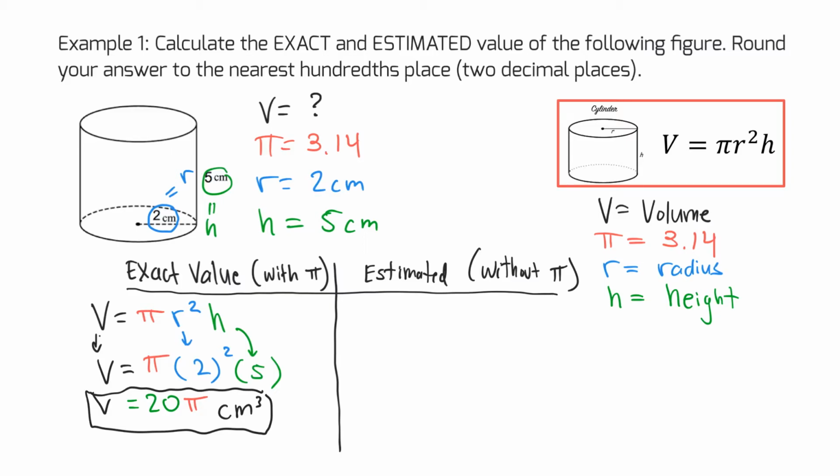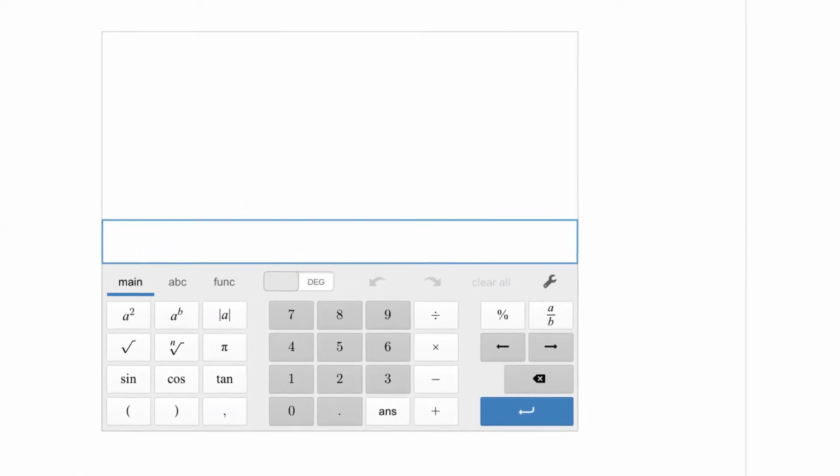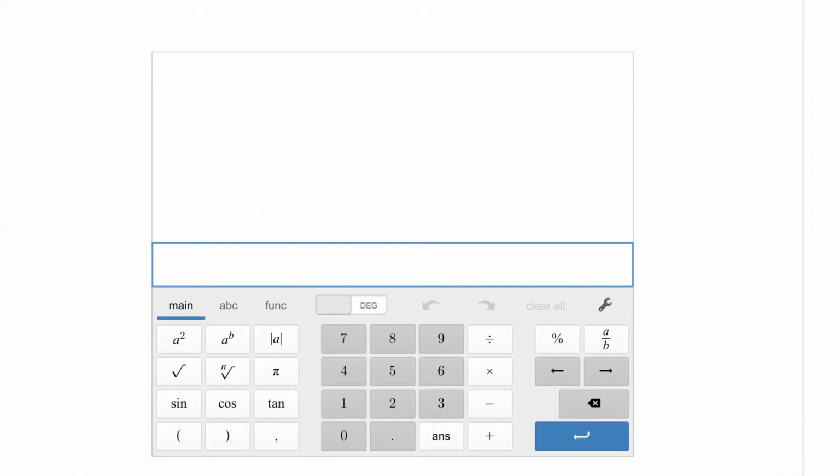To find the estimated value, just take this and rewrite it. Now, instead of pi, I'm going to change pi into 3.14. Now is a good time to pull out that calculator. So 20 times 3.14. Type it in: 20 times 3.14.